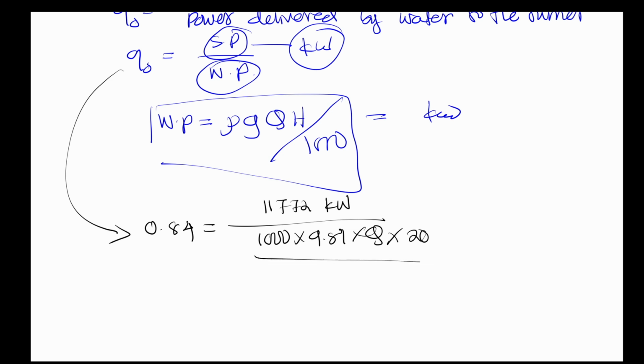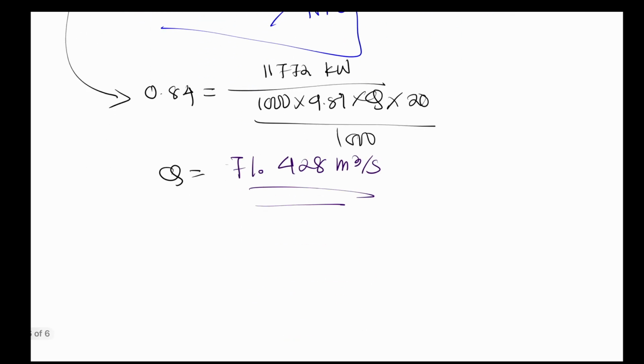So by using this information, you will get the value of discharge as 71.428 meter cube per second. This will be our discharge.